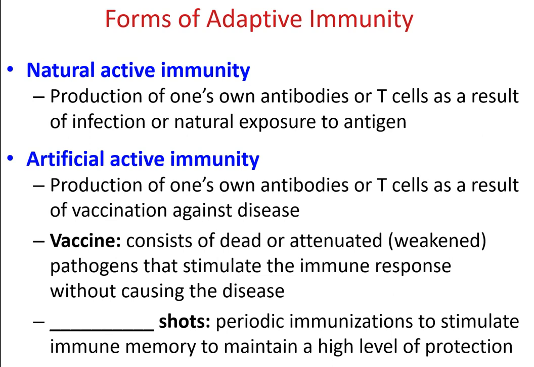And so we're going to learn about memory cells. We're going to learn about how this immunity that you build up can last for decades, but it can weaken over time. And so with particular types of vaccinations, you may have to go in and get boosters to refresh your self-defense moves, right?